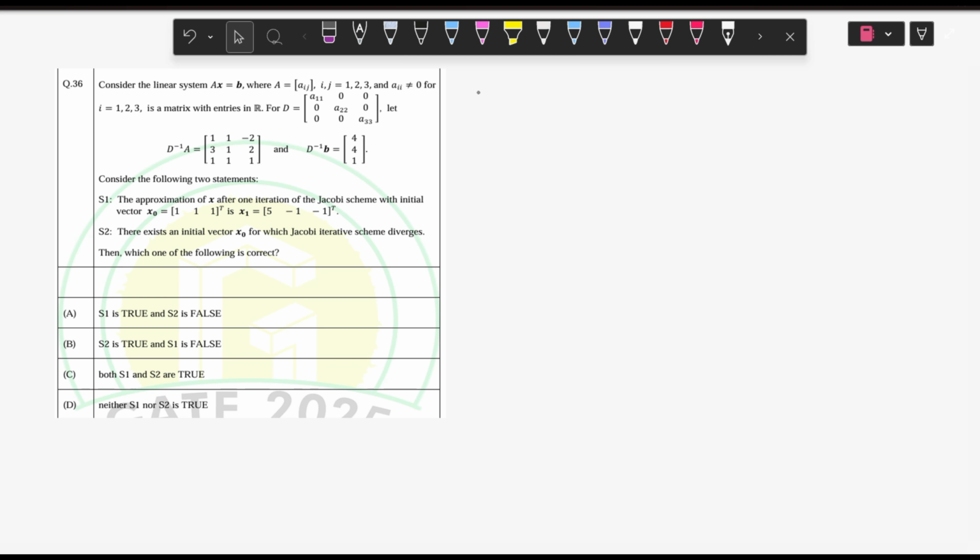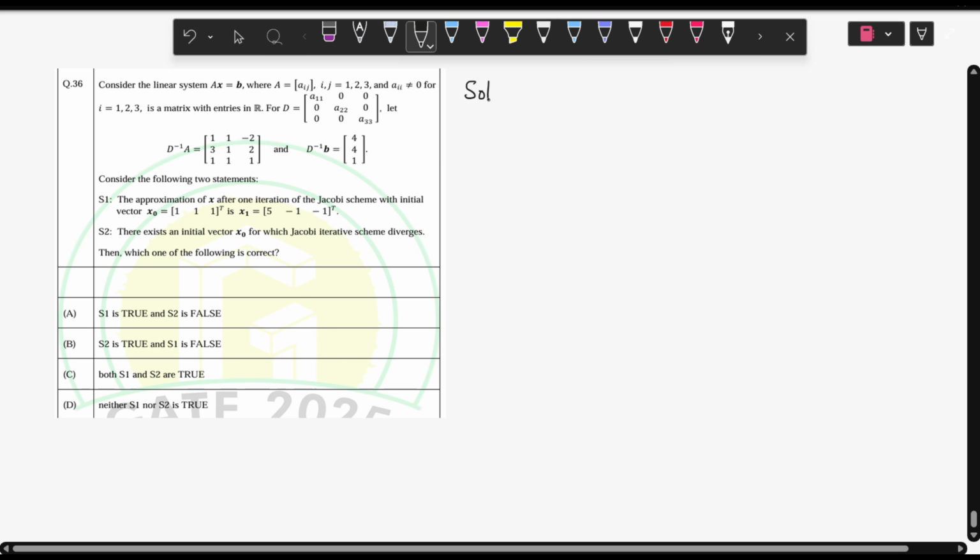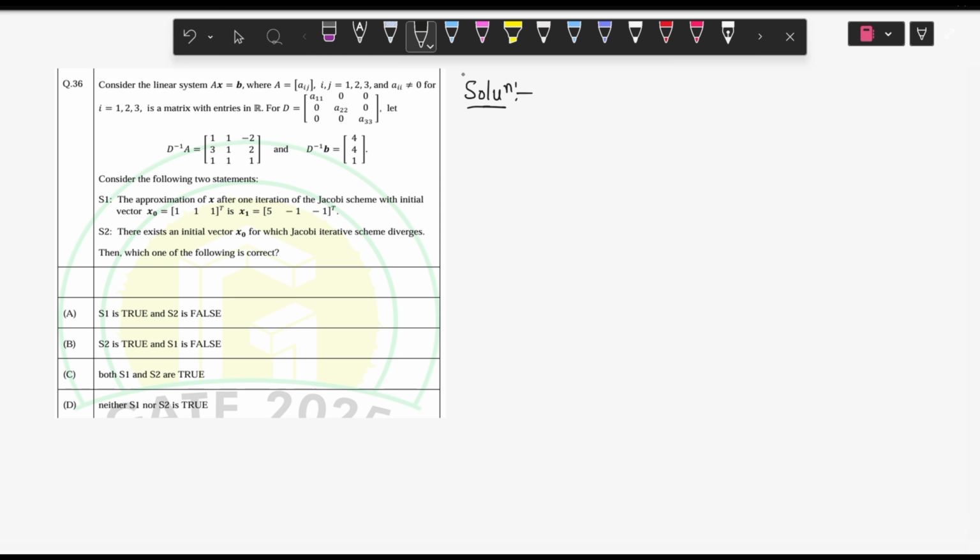First, what I am doing, I'm just writing the Jacobi iteration formula. We all know that in numerical analysis we have to remember the formula. So the Jacobi iteration formula is x_{k+1} = J x_k + D inverse b.